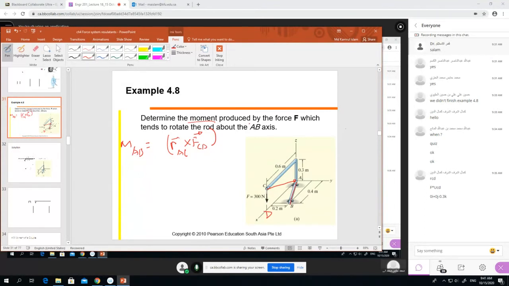Now if you want to find a specific axis, then we do the dot product on that axis with the unit vector. This one will give you just the moment at A, but if you want it about a specific axis, then we have to multiply with the unit vector.